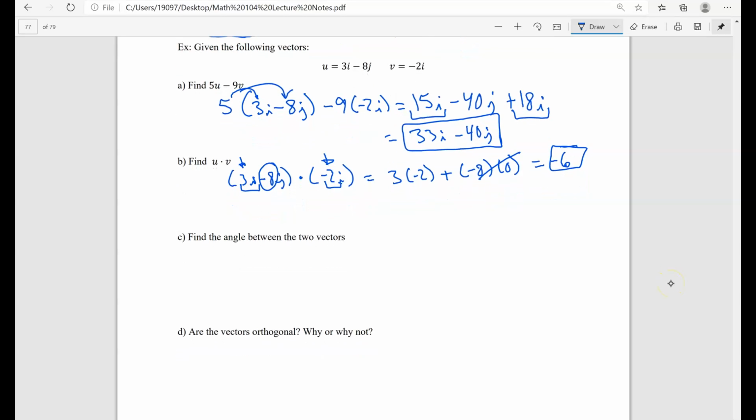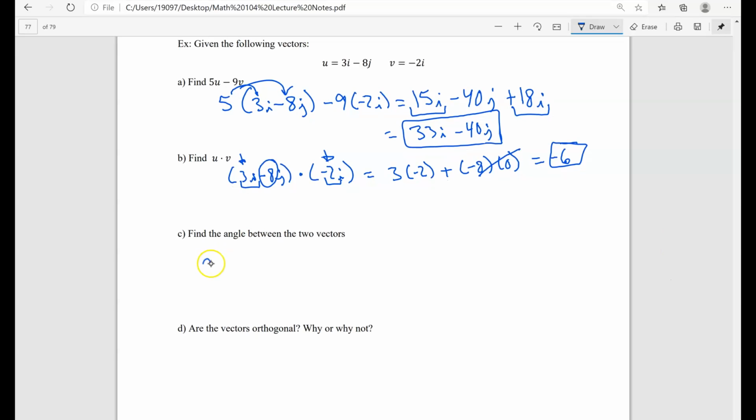Then you want to find the angle between the two vectors. The cosine of theta is equal to the dot product between the two vectors divided by the magnitudes of the two vectors. We just took the dot product between those two, and that was equal to negative 6. Then you're going to take the magnitudes. The magnitude of u is going to be the square root of 3 squared plus negative 8 squared, times the magnitude of v, which is the square root of negative 2 squared plus 0 squared.